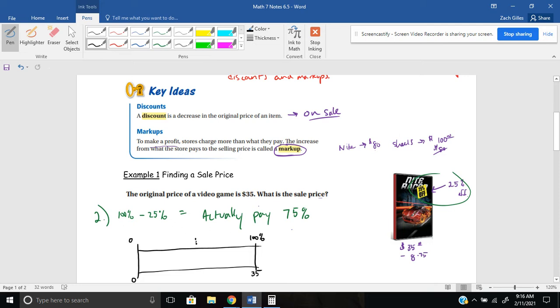Let me ask you this. If you got it for 50%, what is 50% of 35? Well, how could you go about finding that? Well, 50% is half. So what is half of 35, or 35 divided by 2? Well, that would be $17.50.